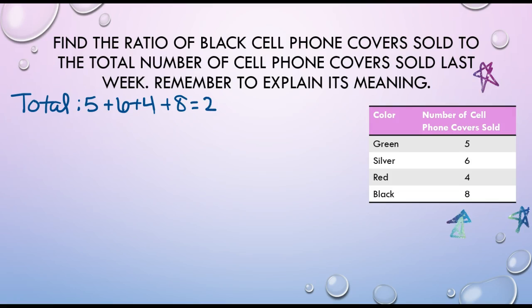We're back at 23. Okay, now we're going to go to writing our ratio. Black cell phone covers were 8 to the total number, which is 23. We're going to turn this into a fraction, which is 8 over 23. And remember, 23 is a prime number, so I can't do anything with this.